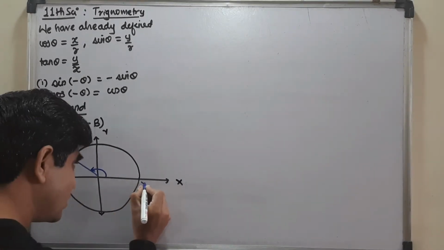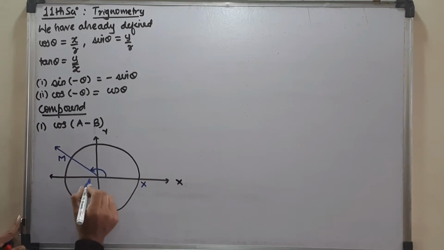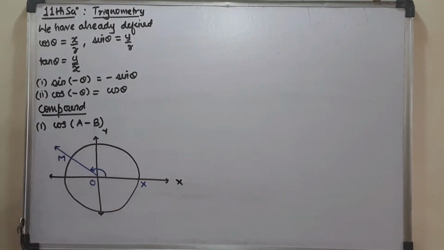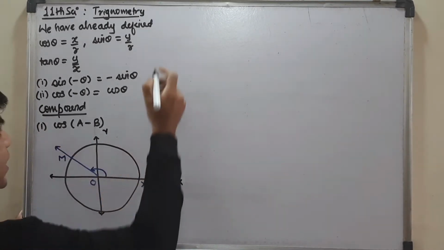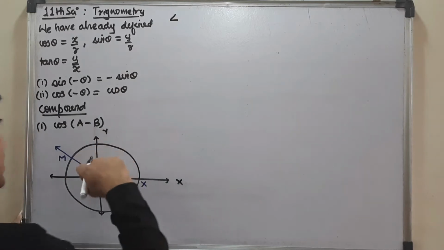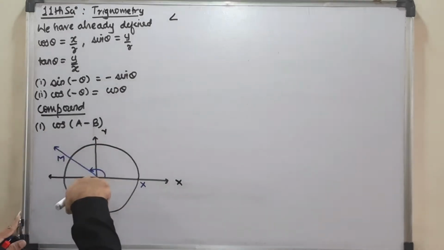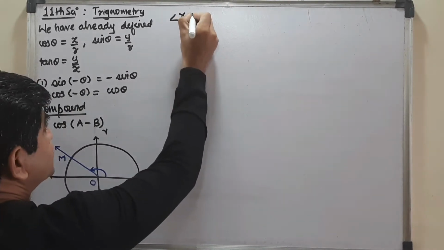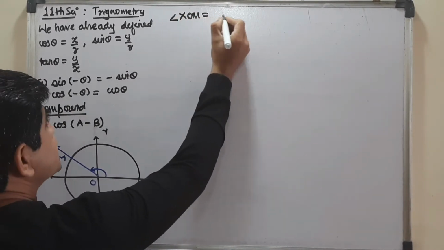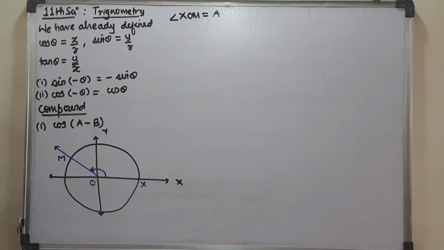Let it be X only, and let this be O. I am drawing a ray, taking some point M on this circle such that the directed angle XOM, let it be A. So this is my A.